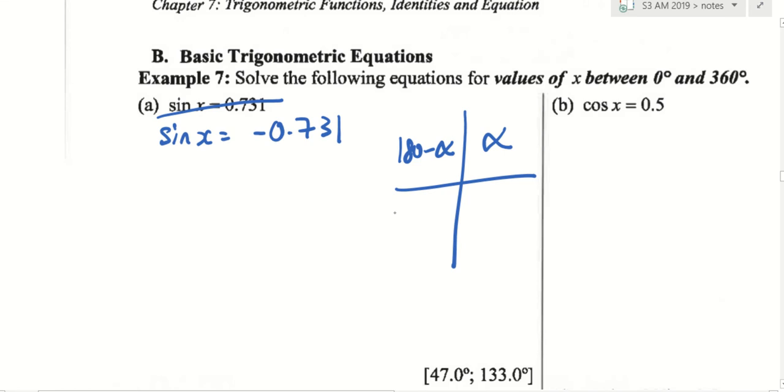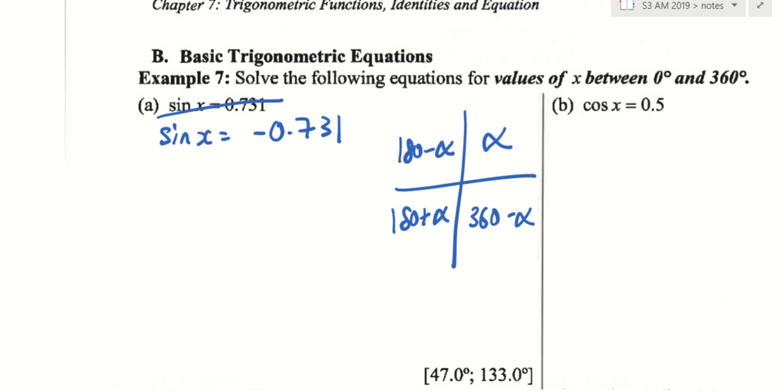Wrong, there is no minus. Go, can go already. Wrong. The first one is wrong. Second one is correct. Oh, it's 180. Yeah, sine negative is equals to which quadrant? Yes, third and fourth.